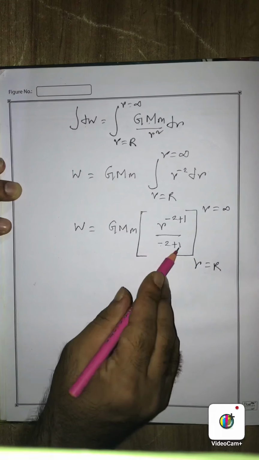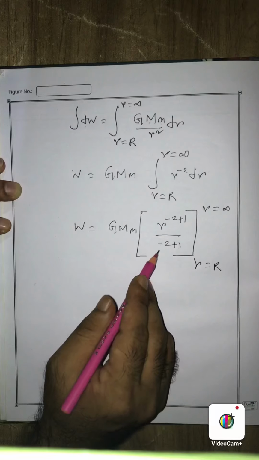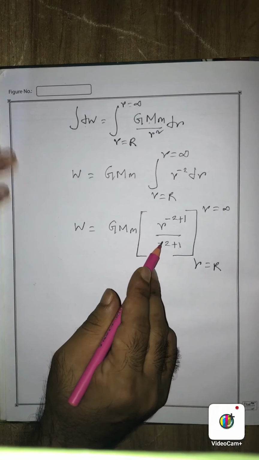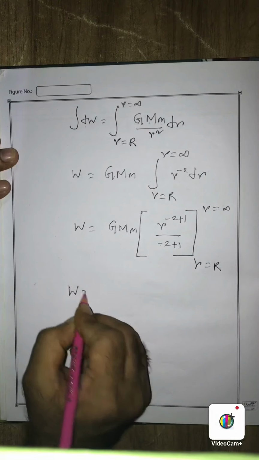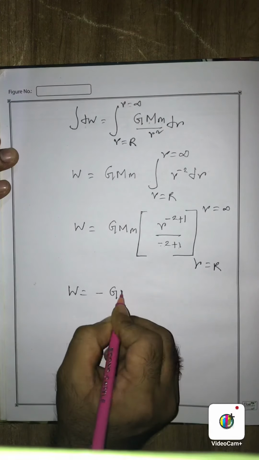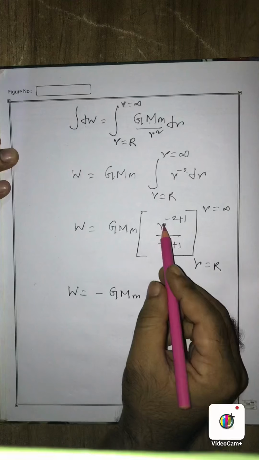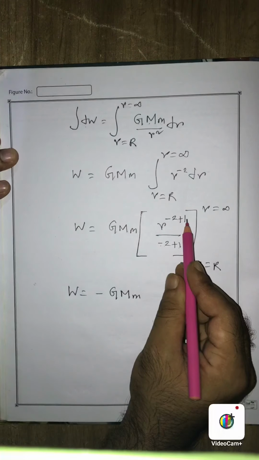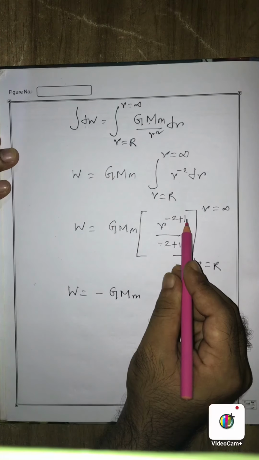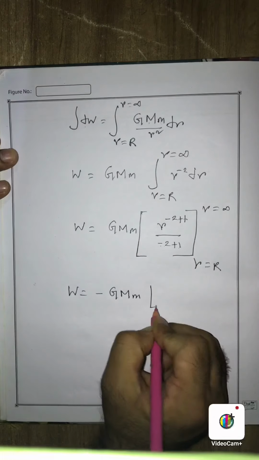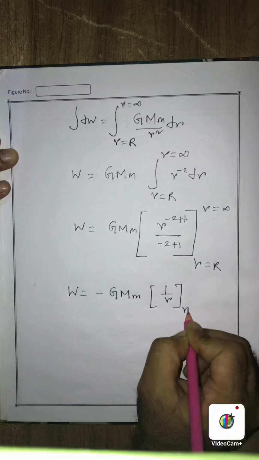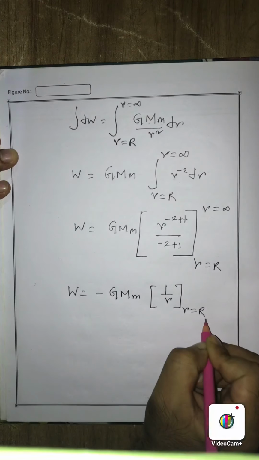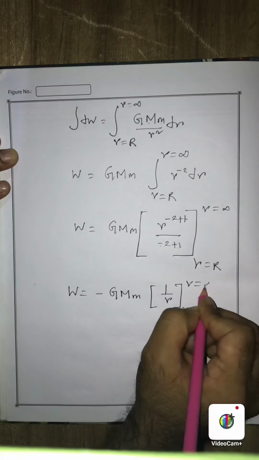Now minus 2 plus 1 is minus 1, and this minus sign is taken outside the bracket. So W equals minus G capital M small m, and r to the power minus 2 plus 1, that means r to the power minus 1, which is 1 by r, with the limit from small r equal capital R to small r equal infinity.